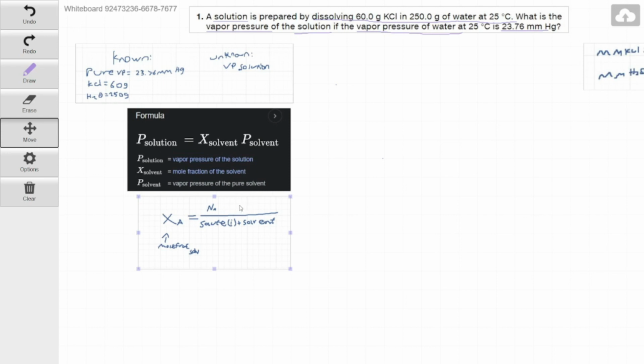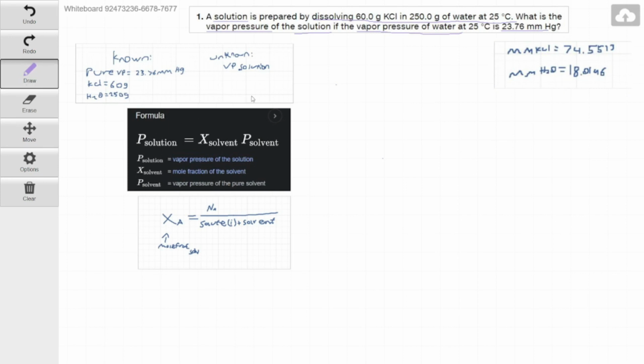Now, what we need to do first is convert these grams over to moles, with the molar mass found in the periodic table right here. I'm not going to do the entire grams to moles equation, but if you have trouble figuring out grams to moles, I recommend going and learning stoichiometry before continuing, and then come back to this video.